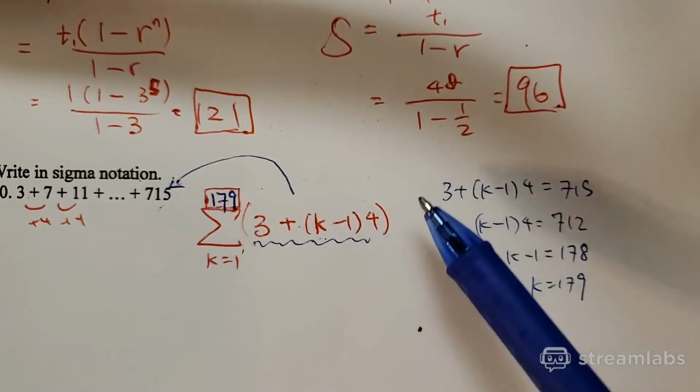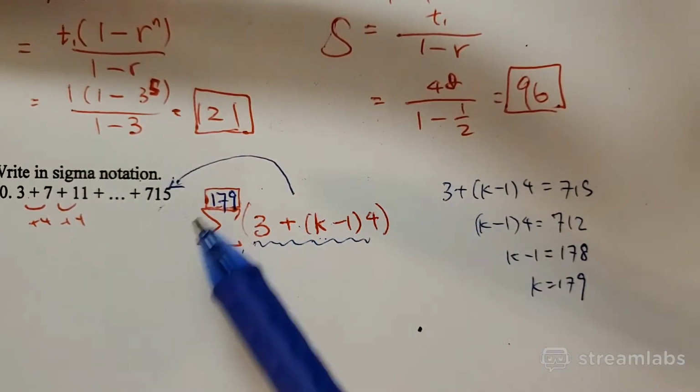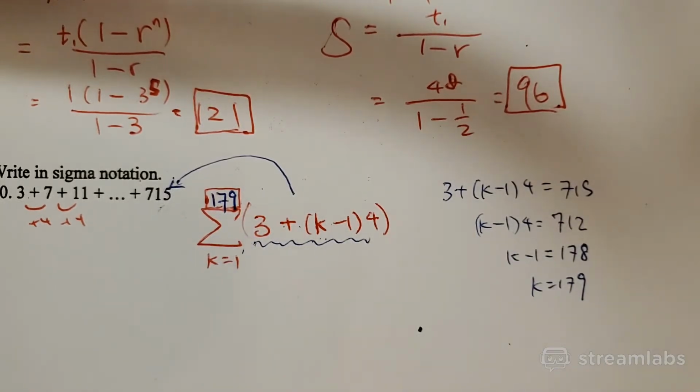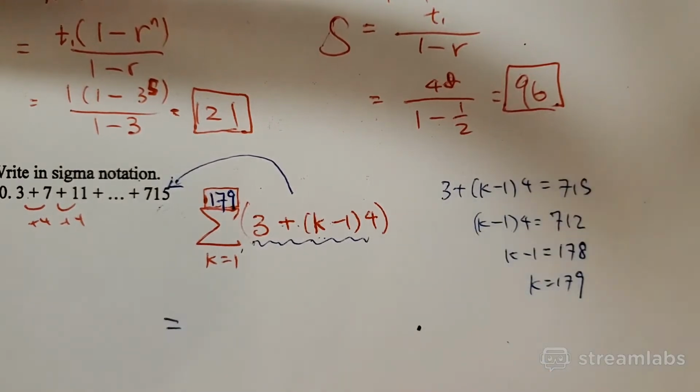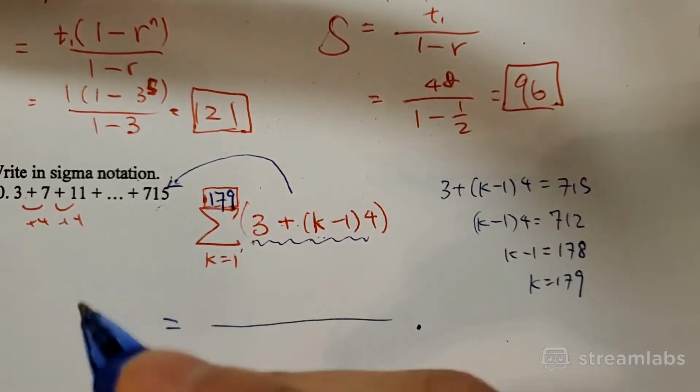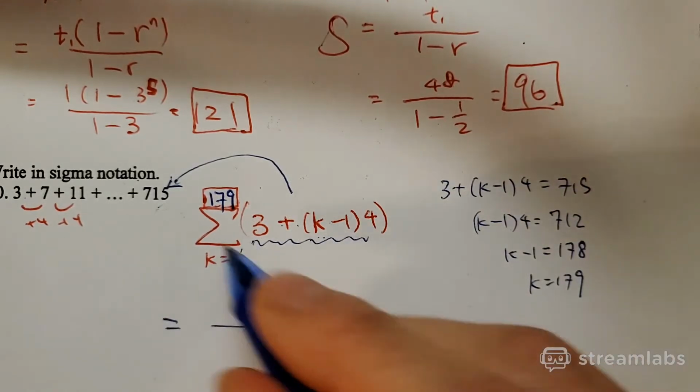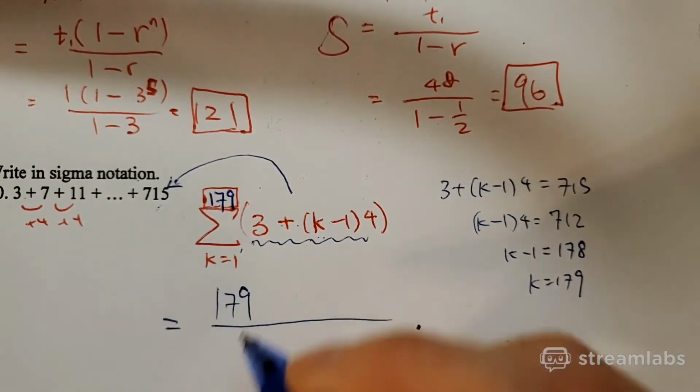179 minus 1 times 4 plus 3. That will give me 715 when I plug it in. Okay? So I'm going in reverse. Once you get that, then you can just calculate. This is arithmetic, right? So 179 terms, n is 179.